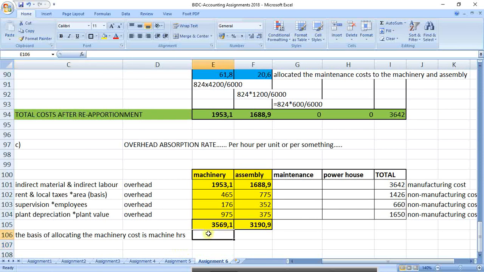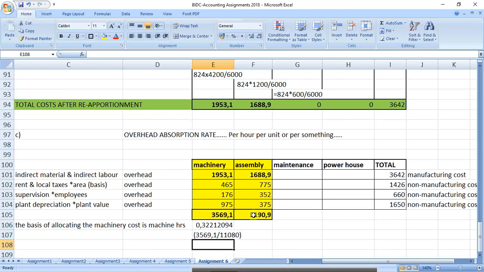Right, so how many hours does the machine run for? 11080, right? Okay, so therefore this divided by 11080 gives you the rate. Okay, so 0.32 per machine hour. Right, let's show that working. 3569,1 divided by 11080.